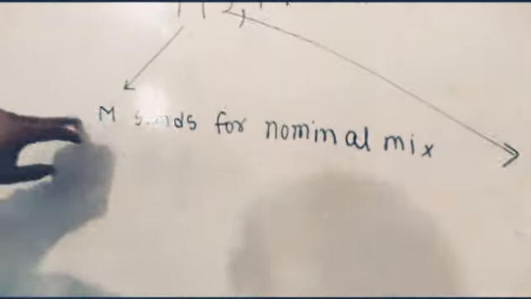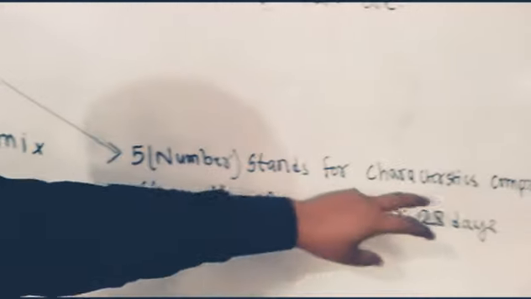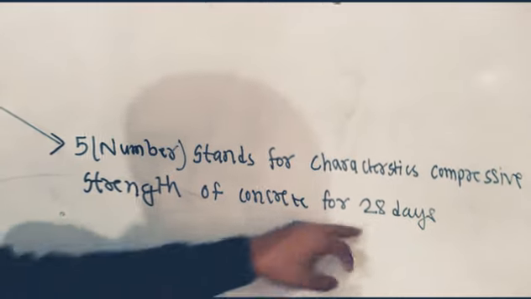Here I have explained this term M5, where M stands for nominal mix and the number 5 stands for characteristic compressive strength of concrete for 28 days.